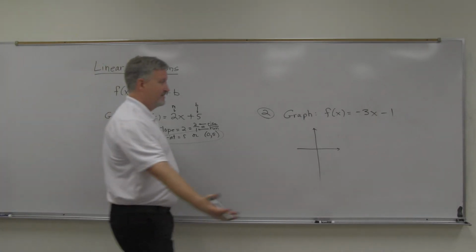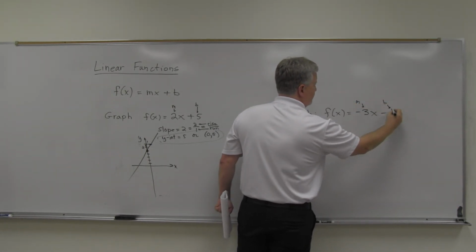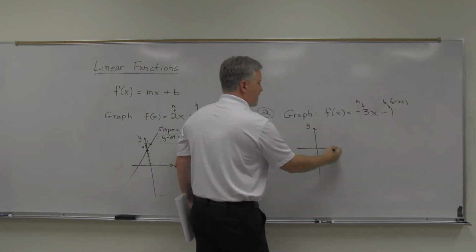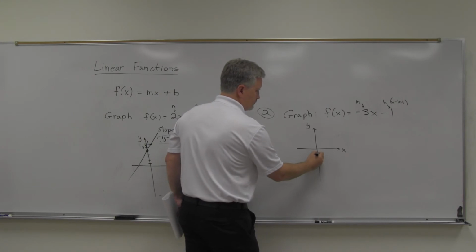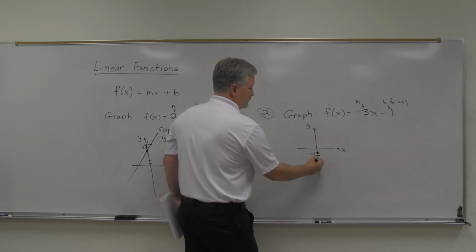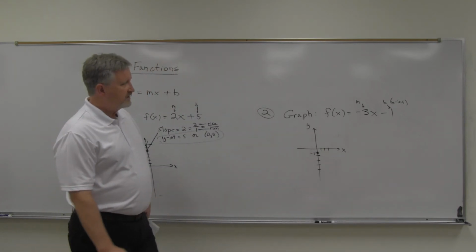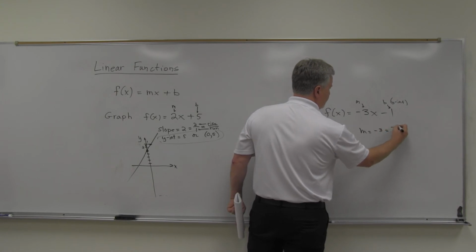I've got m and b. B is the y-intercept, right? So that tells me where it crosses the y-axis. It's going to cross the y-axis at negative 1. Then I've got the slope is negative 3, which I can take as negative 3 over 1.